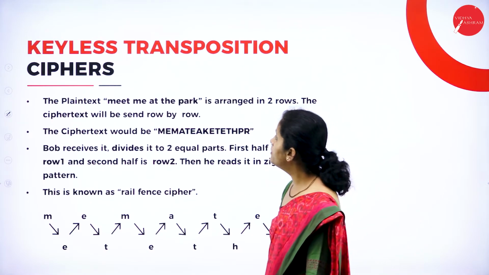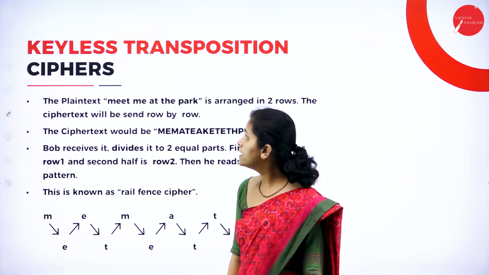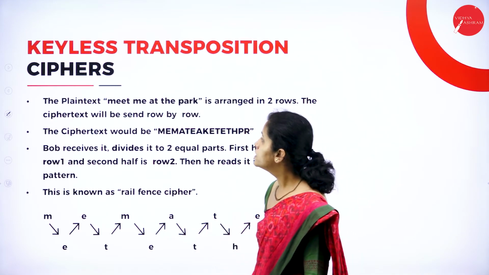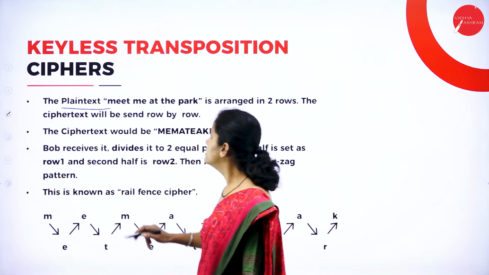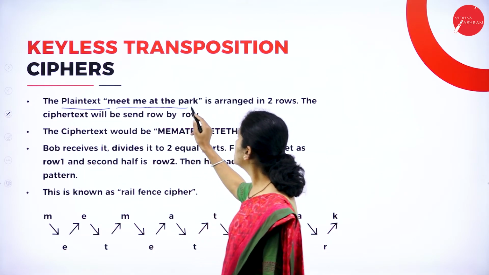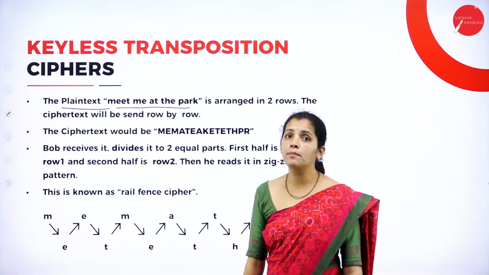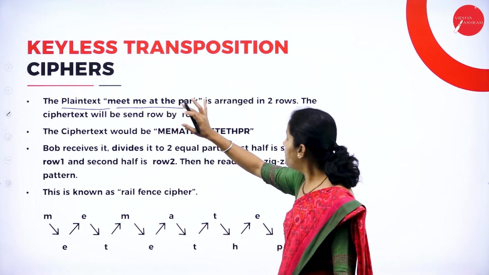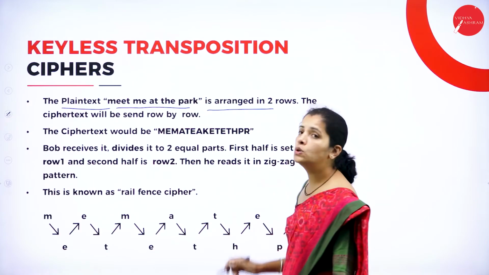This is the first kind of cipher and it is called keyless transposition cipher. The plain text here is: meet me at the park. So what's the plain text I'm going to have here? That is, meet me at the park is arranged in 2 rows.